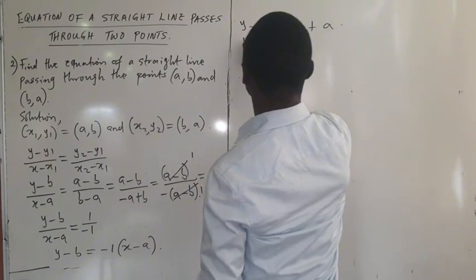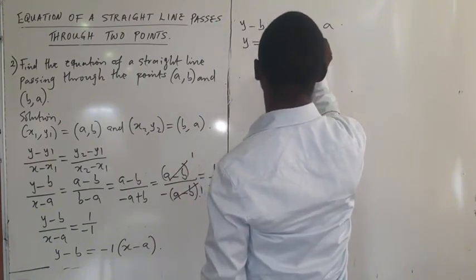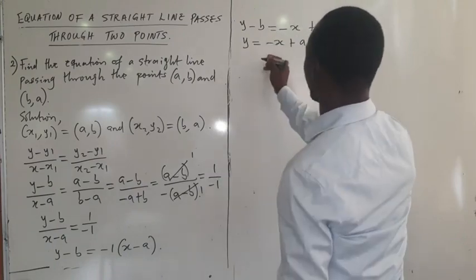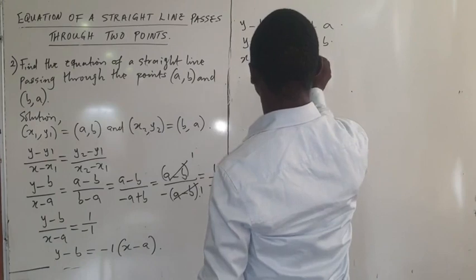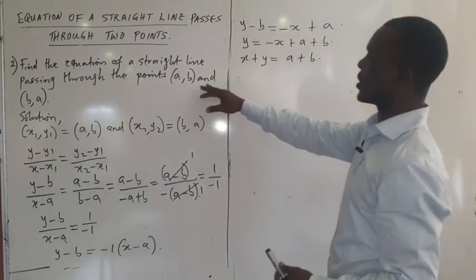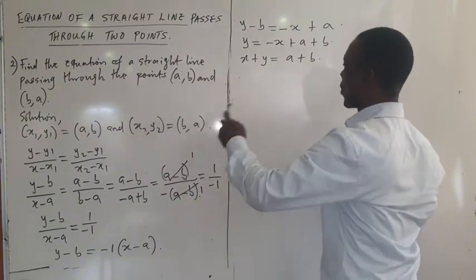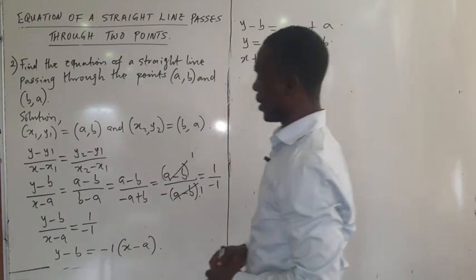So we have y equals minus x plus a plus b. So you can write this as x plus y equals a plus b. So the equation of a straight line passing through the points (a, b) and (b, a) is x plus y equals a plus b.